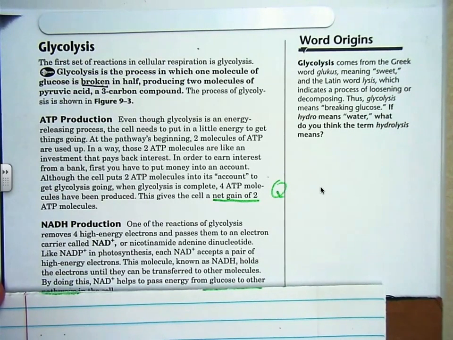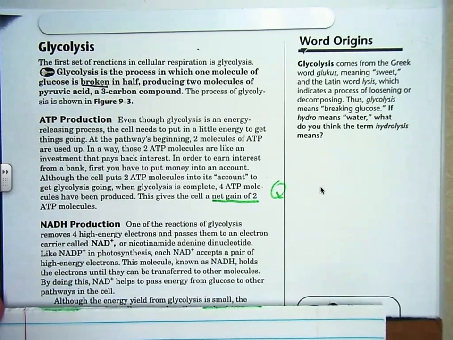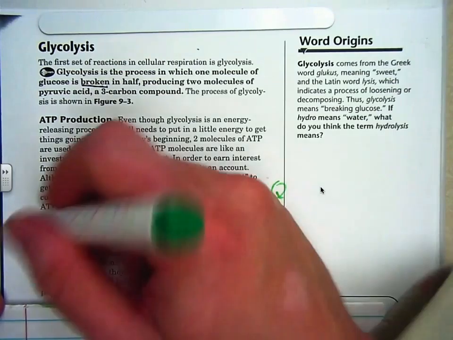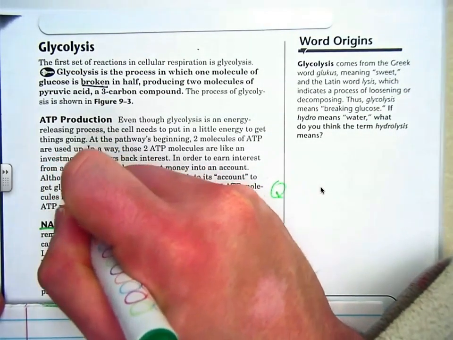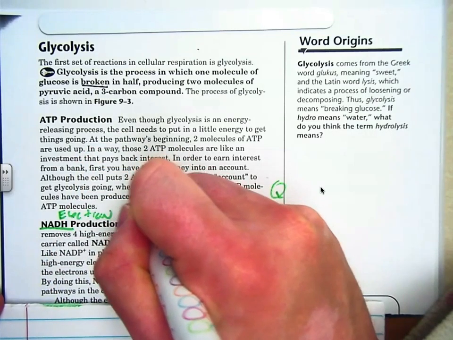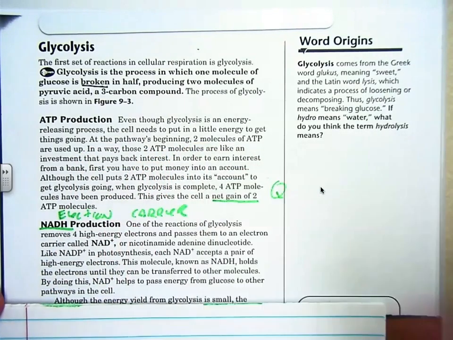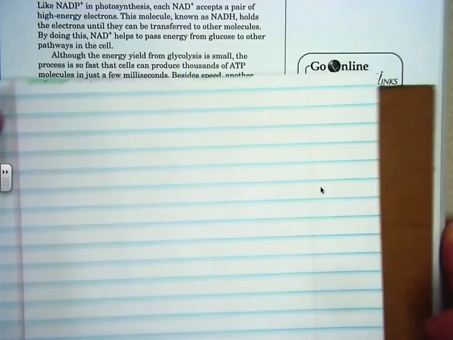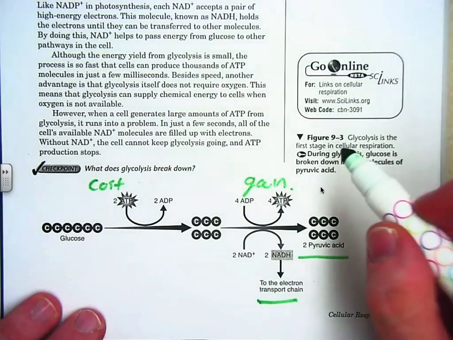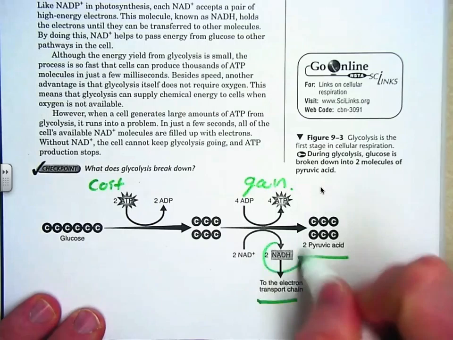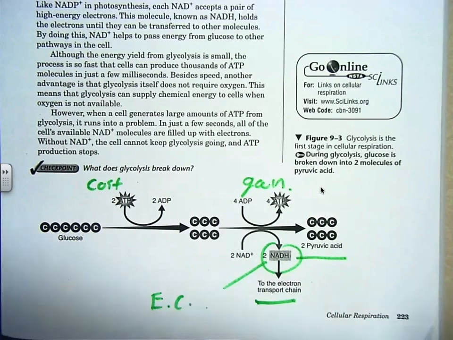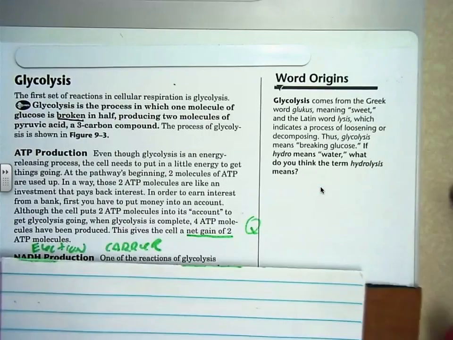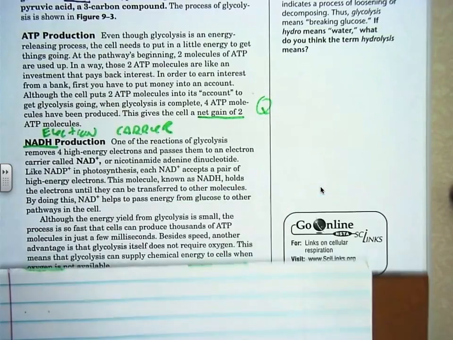By doing this, NADH helps pass energy from glucose to other pathways in the cell. All right, so there's another electron carrier. And in your answer to your question, if you're drawing a picture, you might want to circle this and write electron carrier. I'm going to use EC for short. Or if you're writing bullet points, write that down. All right, moving right along.